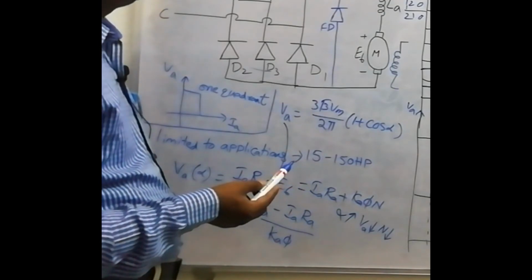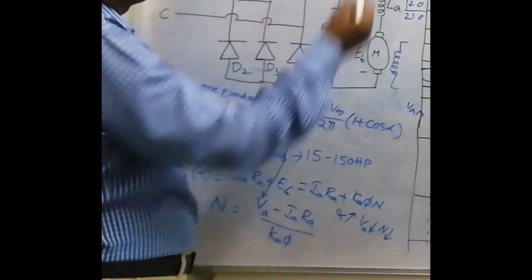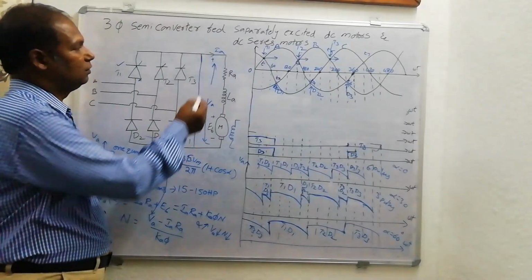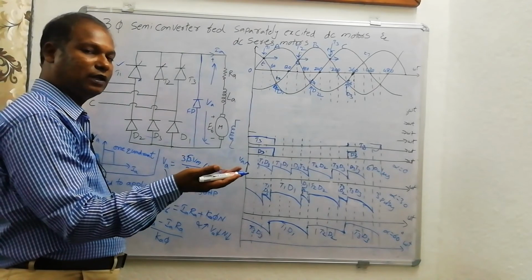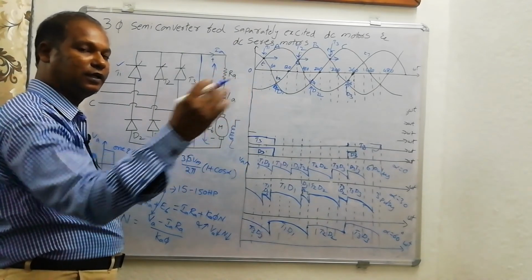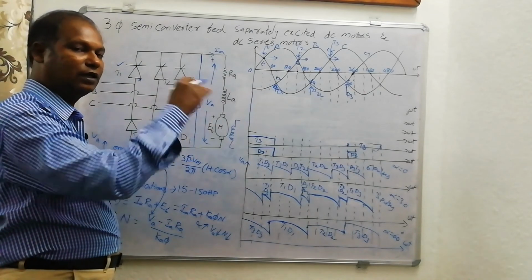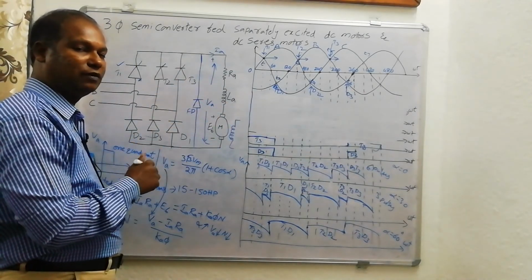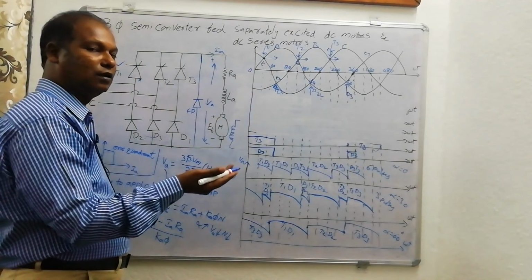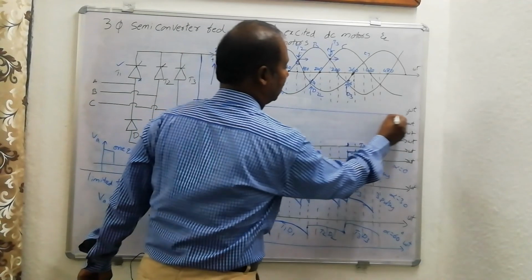For current, the current flowing through the motor is Ia. For output current, that is the Ia value. You have to assume it is continuous current. In the single phase converter, current is increasing and decreasing. But coming to three phase converters, the current ripple is very small compared to the single phase converter. So we assume continuous current and draw a straight line.